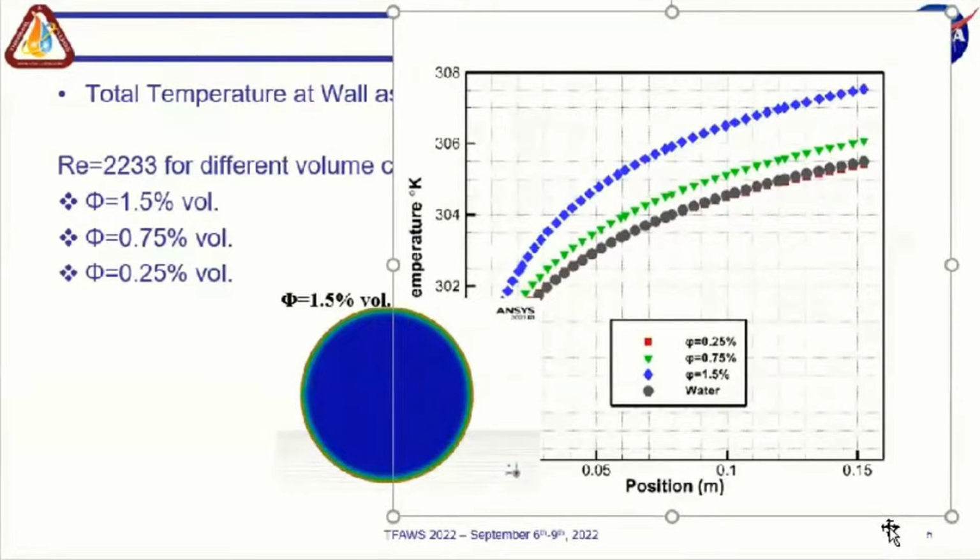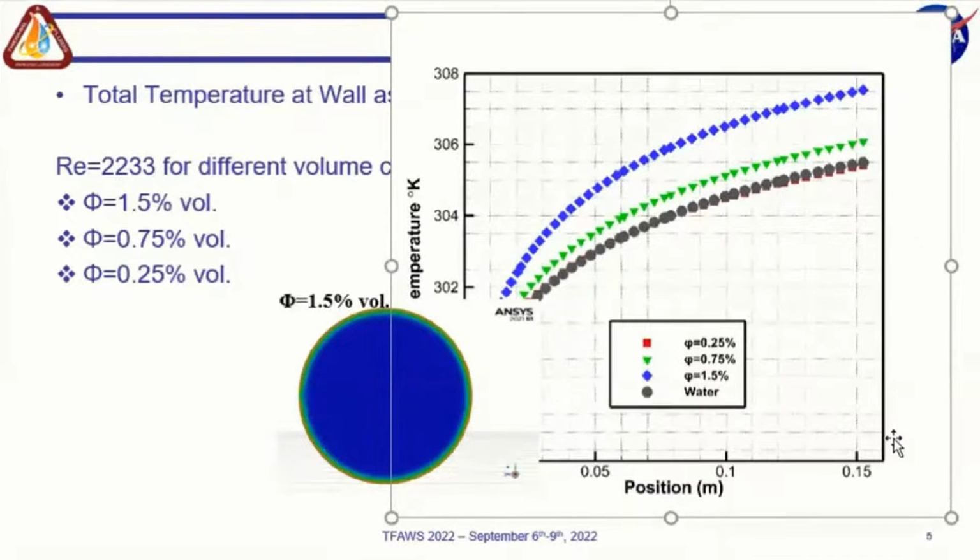The base case is water, and it's shown by the solid gray markers here. And the red squares are for this very low concentration. So the very low concentration of 0.25% by volume doesn't really produce any appreciable heat transfer enhancement. It's just too little.